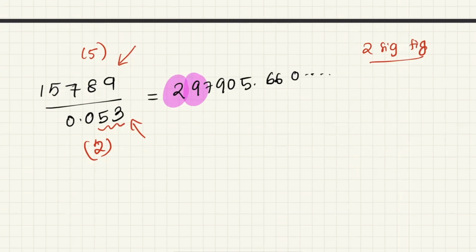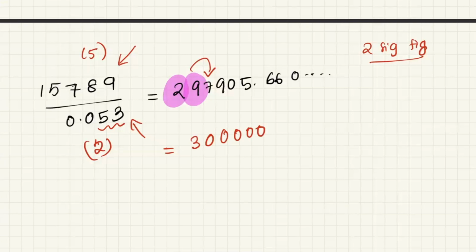So what do we do here? Now after 9, what is the number? It is more than 5. That means you're going to make it 3, 0, 0, 0, 0, 0, right?